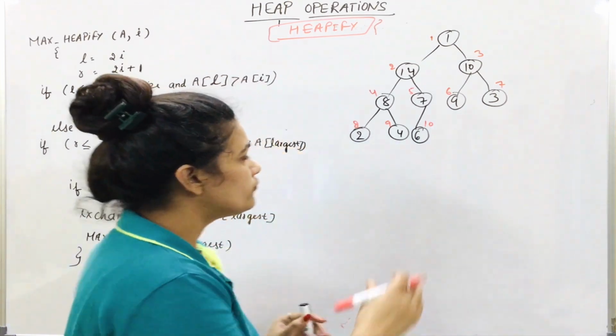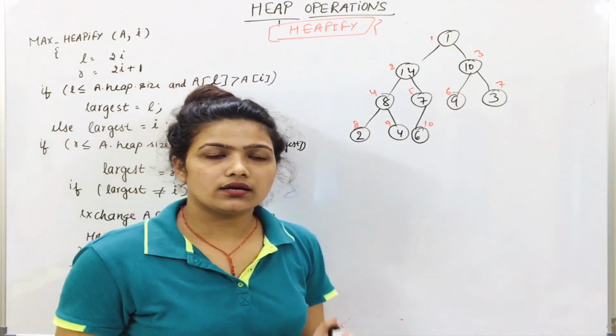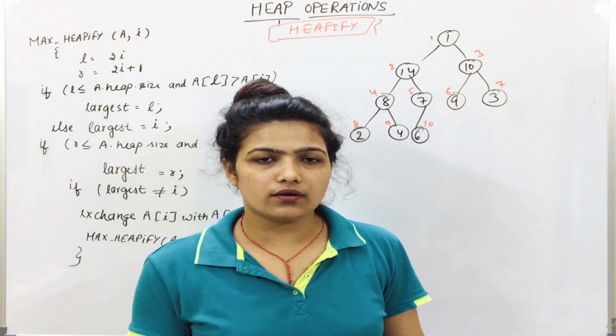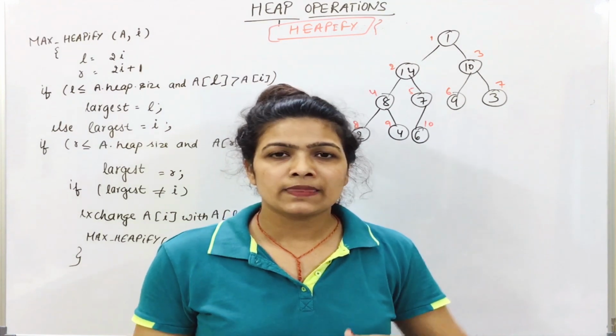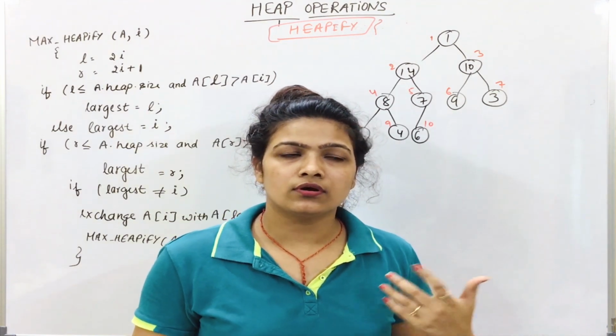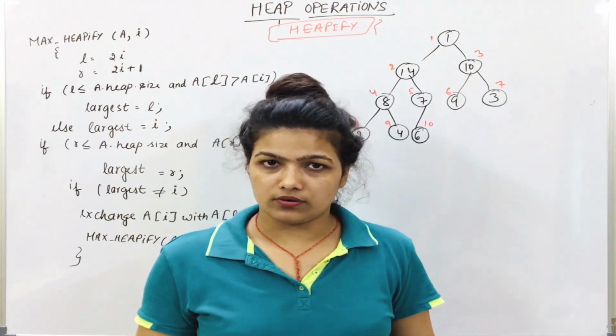So first we take an example, and first go to my previous 2 videos on heap sort, where I have already covered all the basic concepts of heap: what is max heap, what is min heap, what are the different properties of heap, all these things.